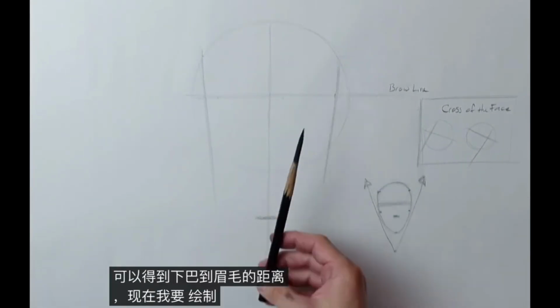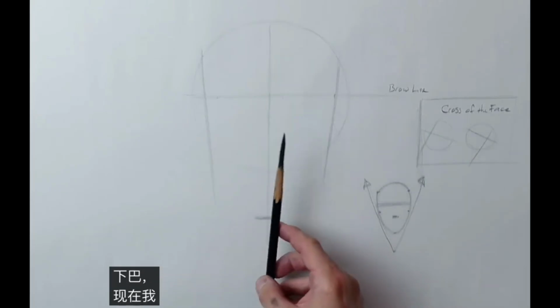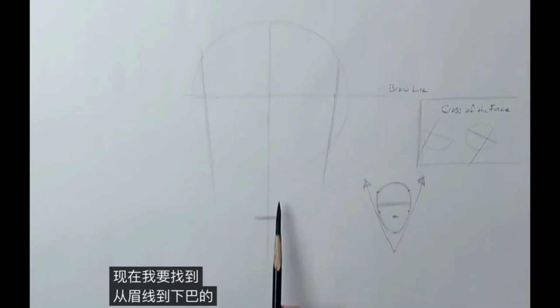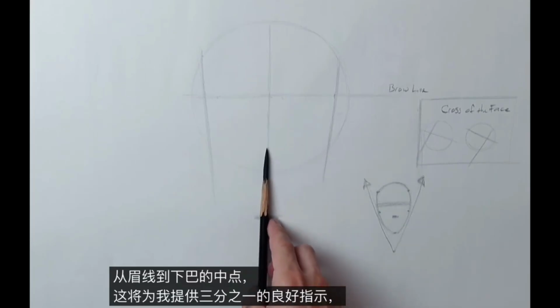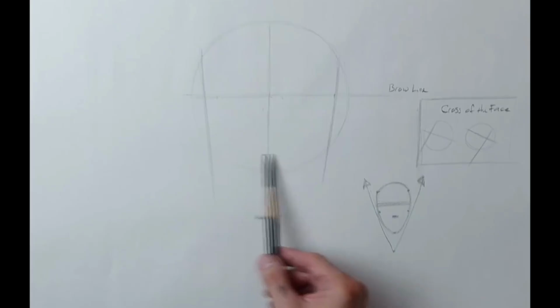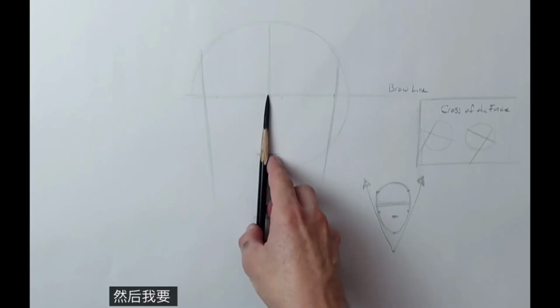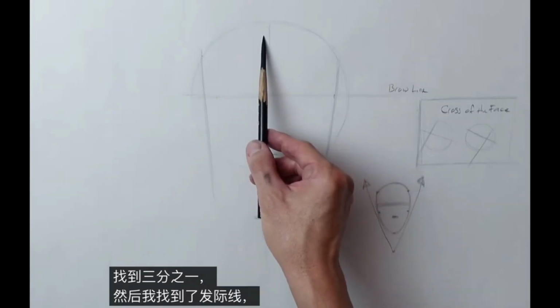And now I'm going to map in more of the thirds. So I already have the brow and the chin, and now I'm going to find the halfway mark from the brow line to the chin, and that will give me a nice indication of the third. And then I'm going to come up here and find this third, and then now I found the hairline.